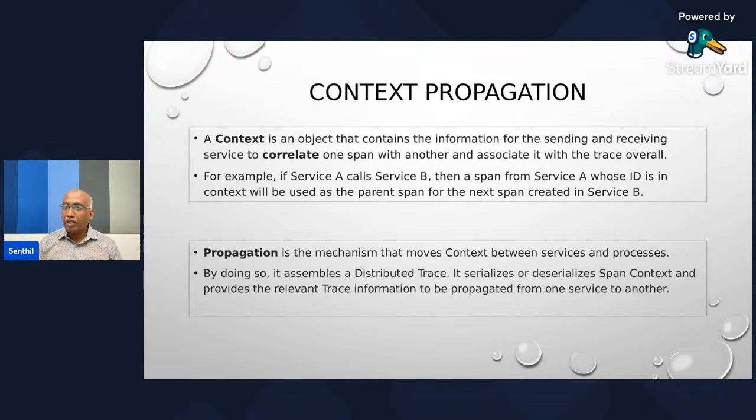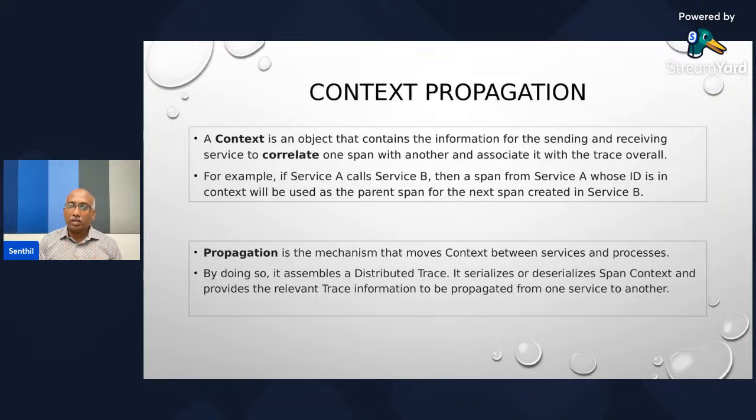Whatever information is required to perform this correlation is put into this context. By the way, it is a software object, and this object gets serialized and deserialized as the request propagates through the system.